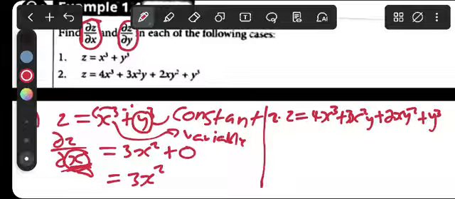This is what we have right now. Okay, guys, so we should differentiate.